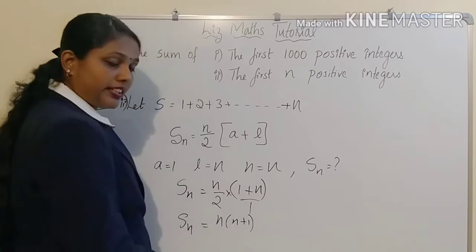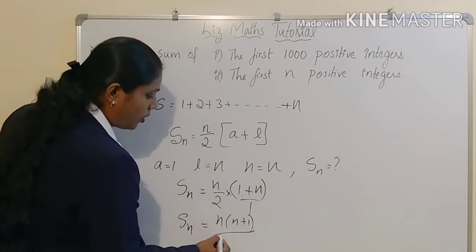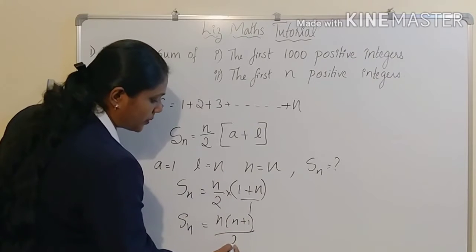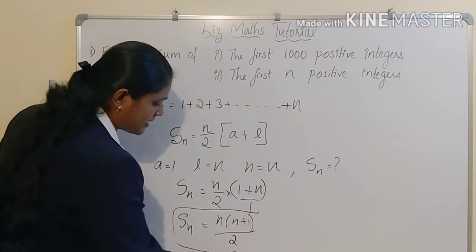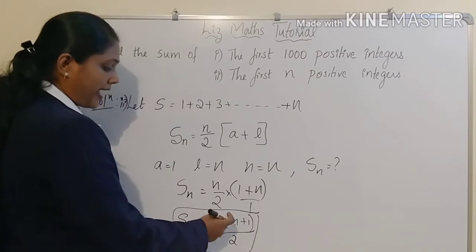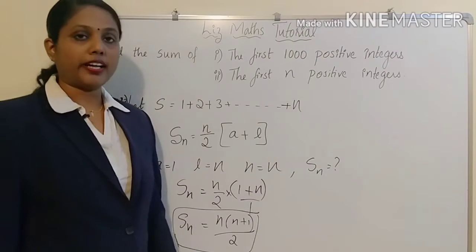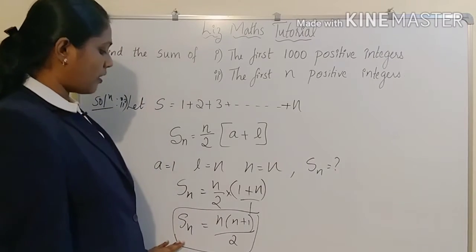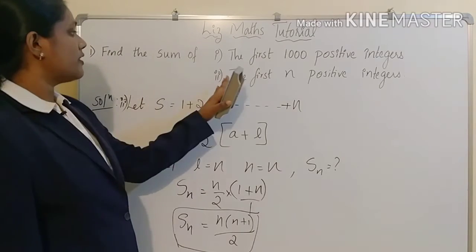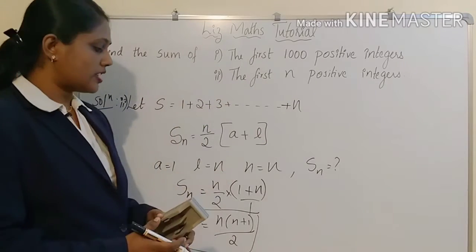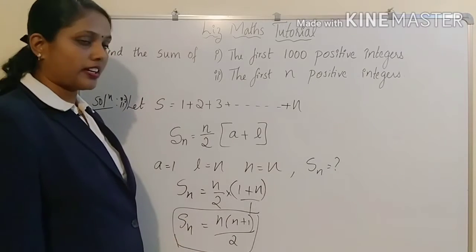One and the same, whole divided by 2 ones are 2. So you will get Sn is equal to n into n plus 1 whole divided by 2 as a formula.